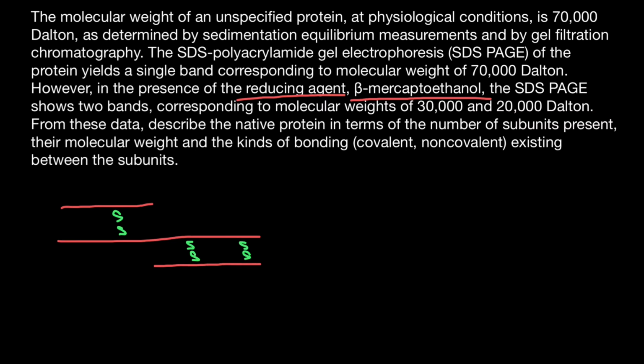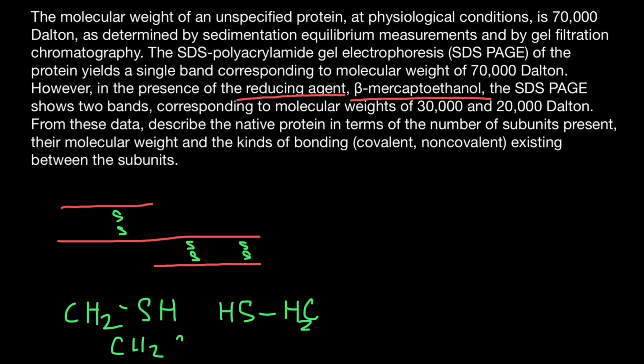These disulfide bridges are formed by the R groups of 2 cysteines, and the cysteine R group is going to be CH2SH, and here is going to be another one, CH2SH. I show these R groups now in reduced form, and when the R groups are oxidized, we are going to see the following picture: CH2, sulfur, sulfur, and H2C here.